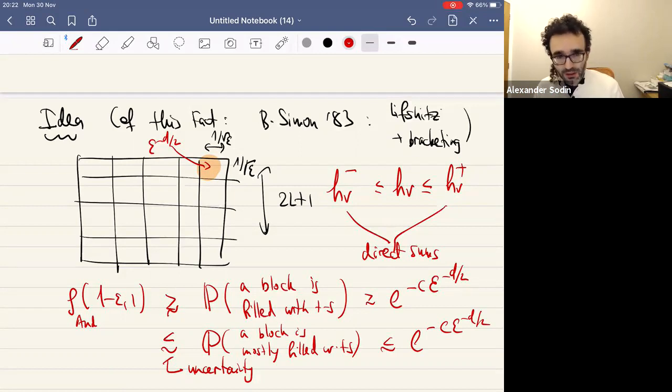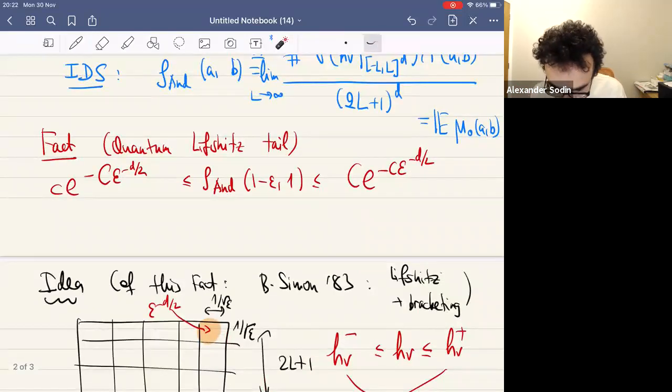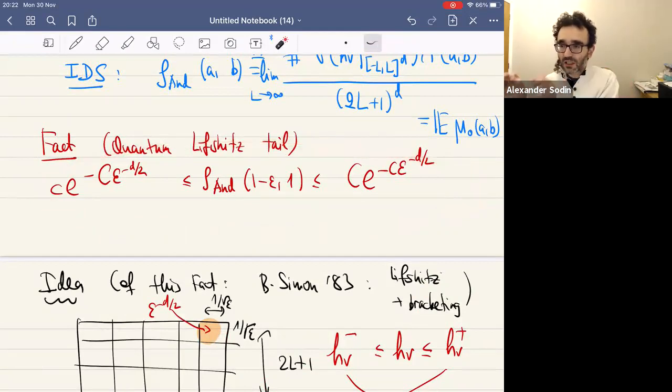Okay, so I was brief here, but the reason I explain this is that what I'm trying to emphasize is that these tails capture some kind of large deviation behavior of the potential.